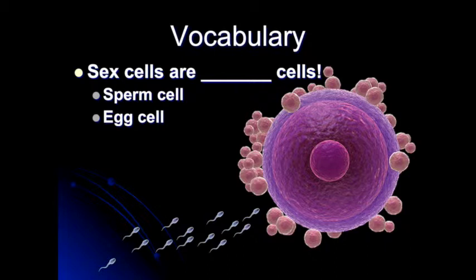A lot of you made 3D models of sperm cells. Unfortunately, nobody made a 3D model of the egg cell. Anyway, sex cells are what type of cells? To get that answer, think about this. Those of you who wanted to get higher levels for your 3D cell project had to make this kind of cell. So what do you think those kinds of cells are? Write it down.